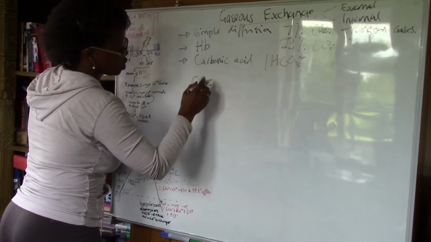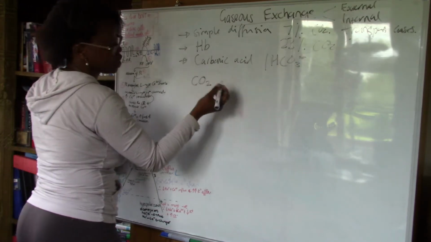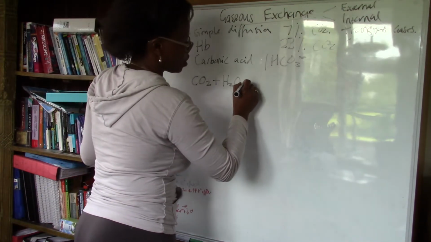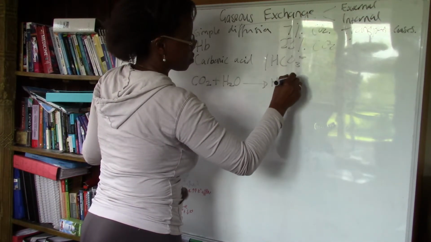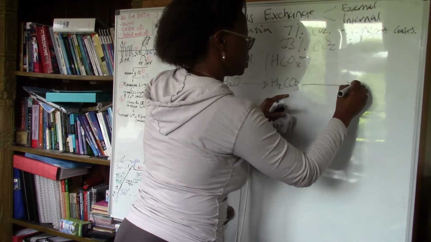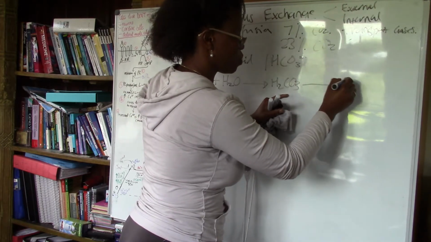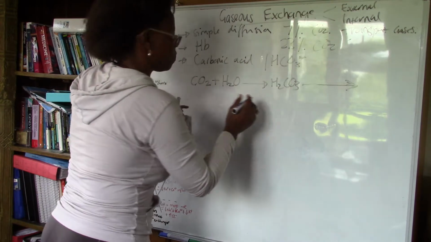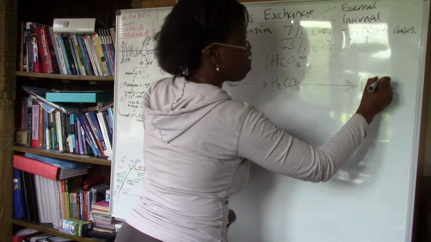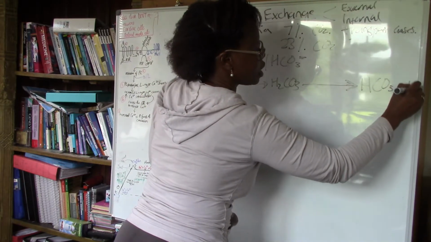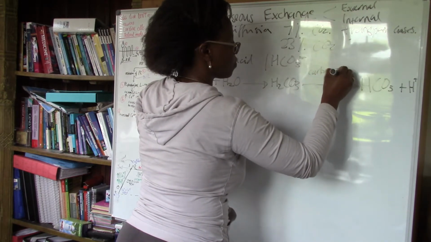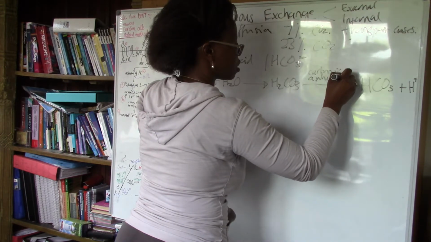it will naturally react with water to form carbonic acid, and that carbonic acid, as it reaches the plasma, dissociates into bicarbonate and hydrogen ions, and this happens under the carbonic anhydrase enzyme.